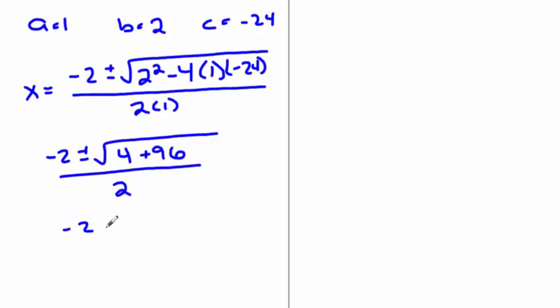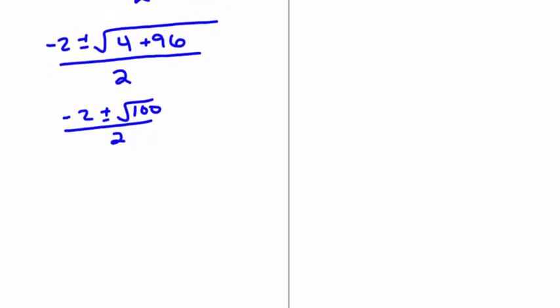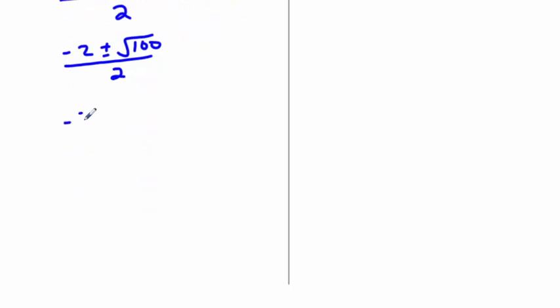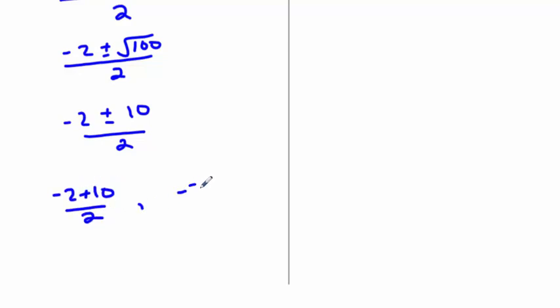So that's negative 2 plus or minus the square root of 100 over 2. And I know what the square root of 100 is, so I have negative 2 plus or minus 10 over 2. You can add those two numbers. They are like, so we're going to split this into two answers. One of them is negative 2 plus 10 over 2, and the other one is negative 2 minus 10 over 2.